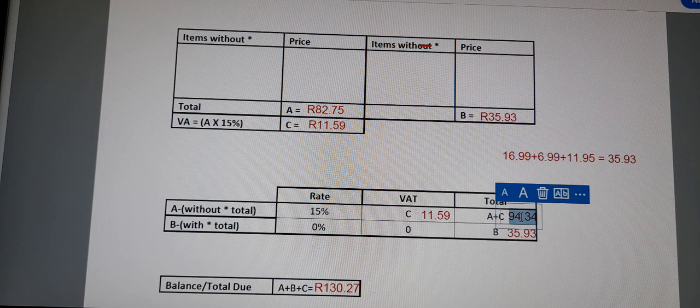They're asking for 94. So you can get the total for this one. You get 82.75 like this, and then you take that 82.75, multiply it by 14% for the example, then you get 94.3. So the table will help you to show all your answers.